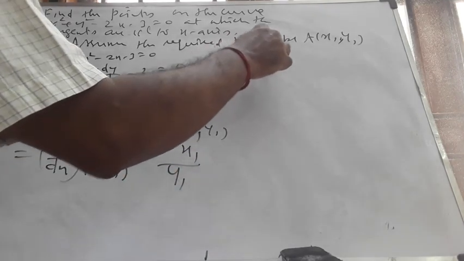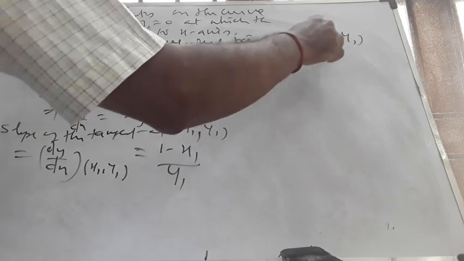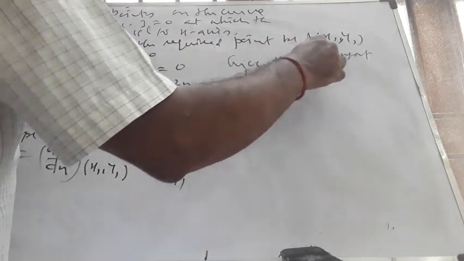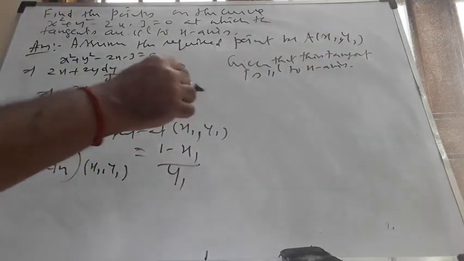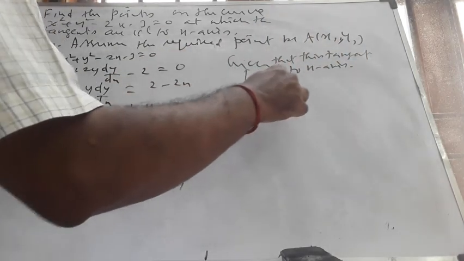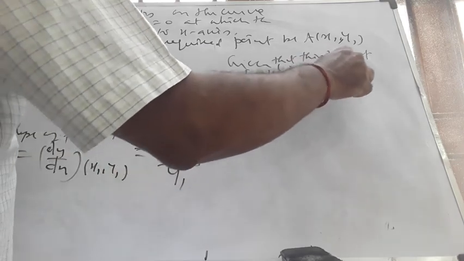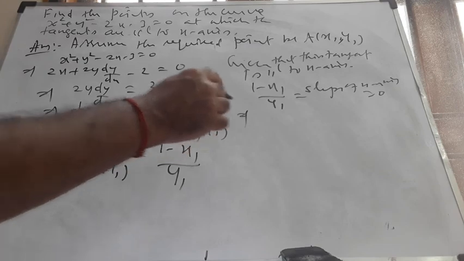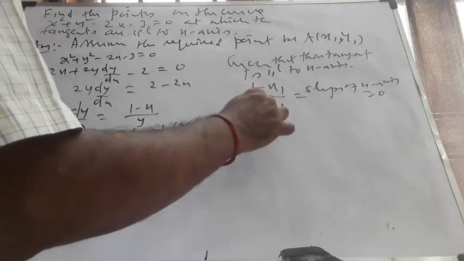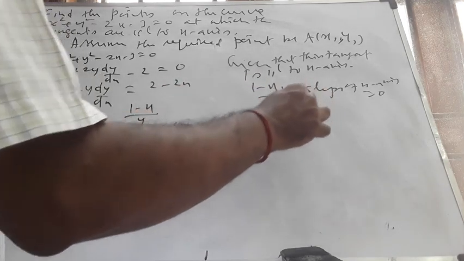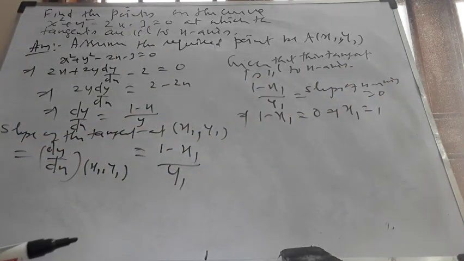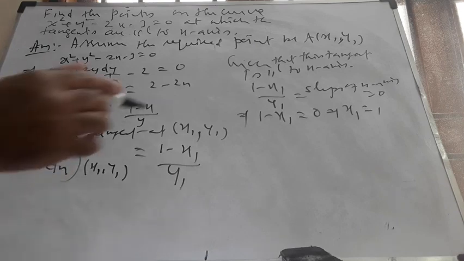Given that this tangent is parallel to x-axis, 1 minus x1 by y1 is equal to the slope of x-axis, which is 0, which implies 1 minus x1 is equal to 0, implies x1 is equal to 1.